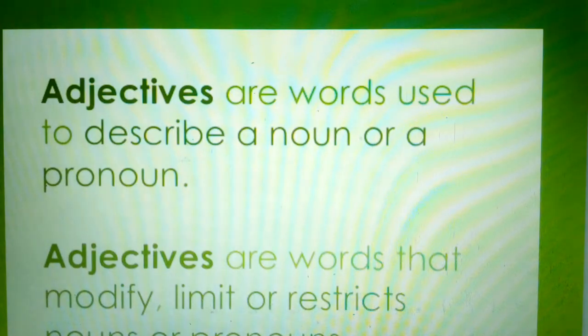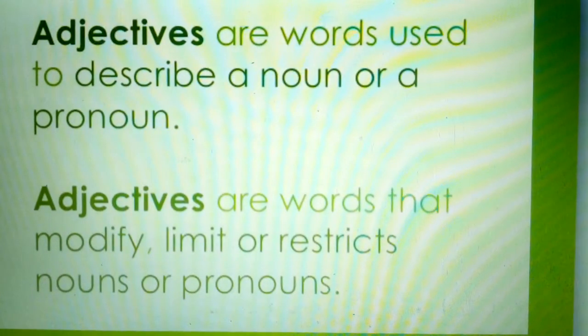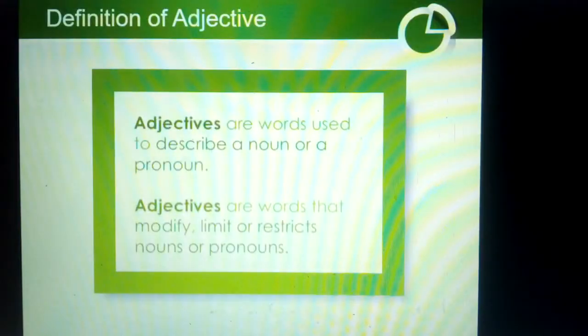Adjectives are words used to describe a noun or a pronoun. In other words, adjectives are words that modify, limit, or restrict nouns or pronouns. So the adjectives are those words that tell more about noun or pronoun.